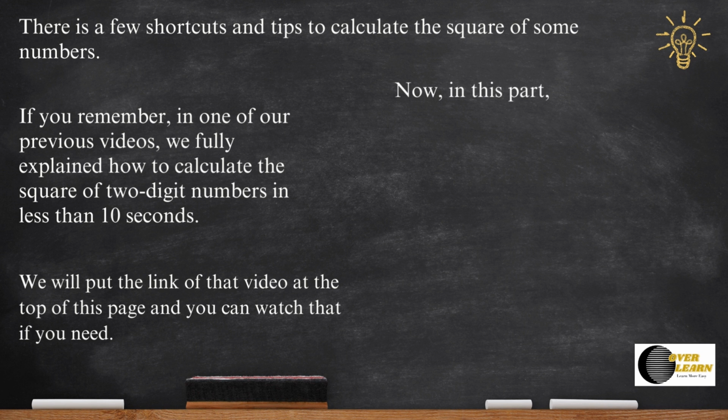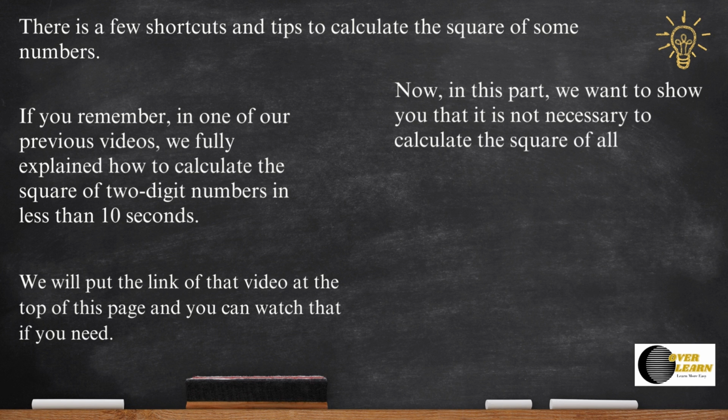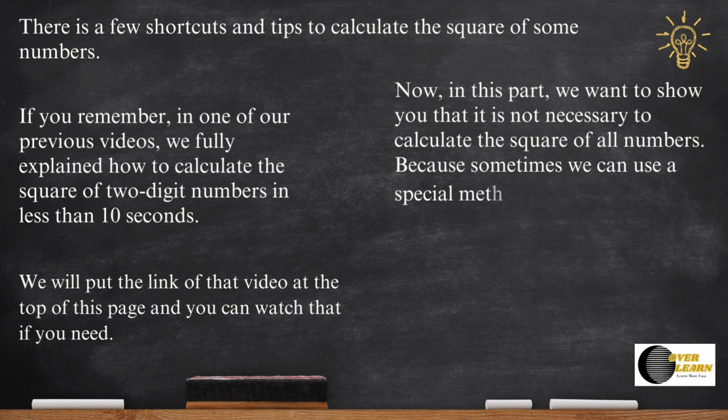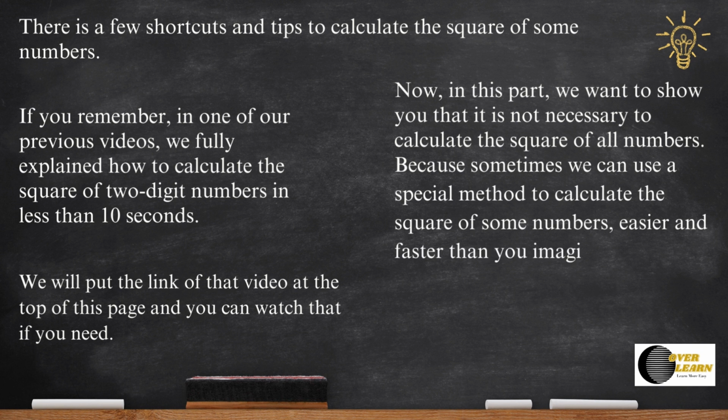Now, in this part, we want to show you that it is not necessary to calculate the square of all numbers, because sometimes we can use a special method to calculate the square of some numbers easier and faster than you imagine. Pay attention to these items, please.